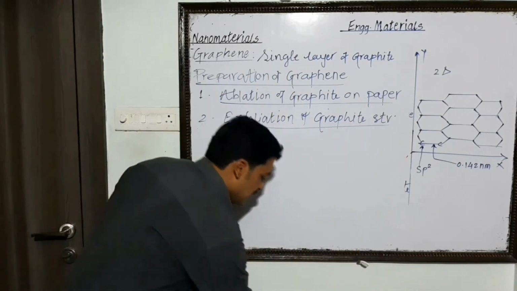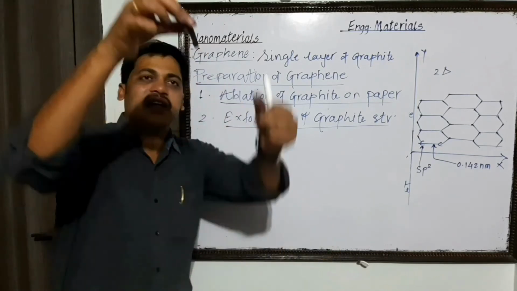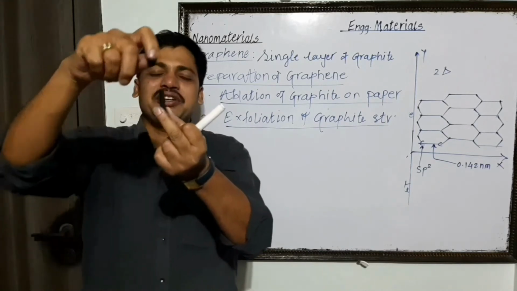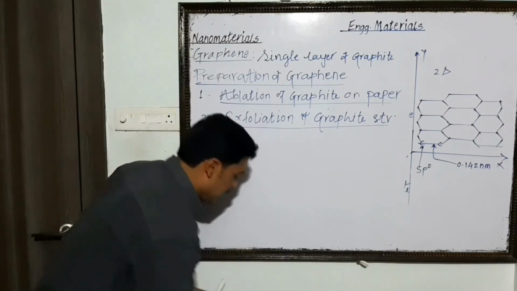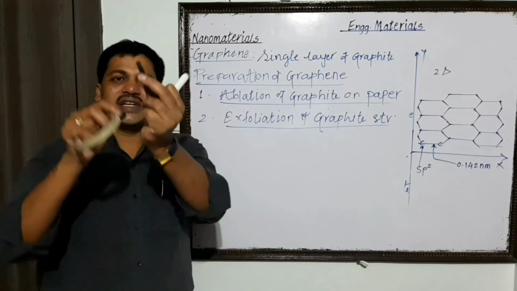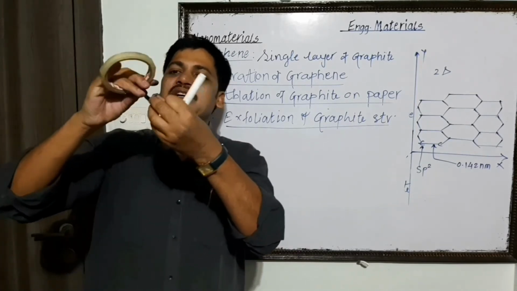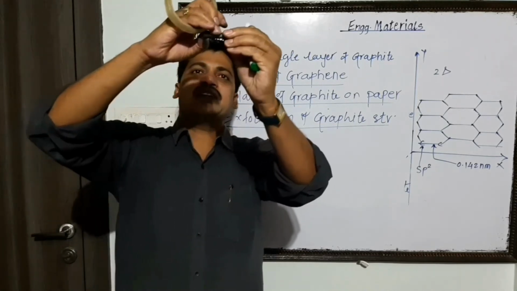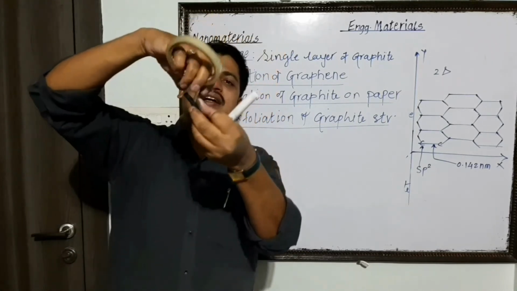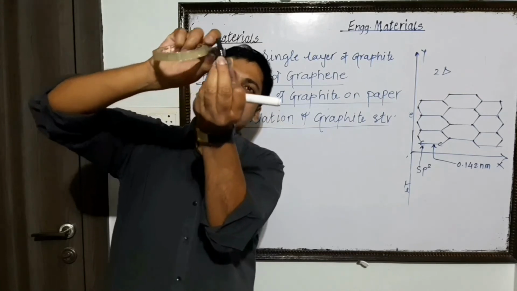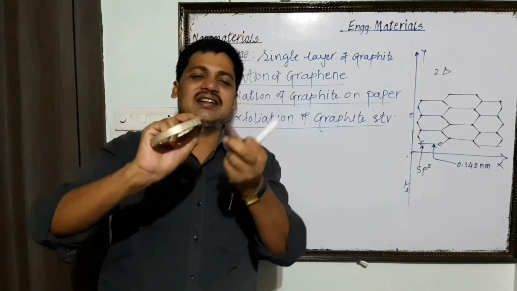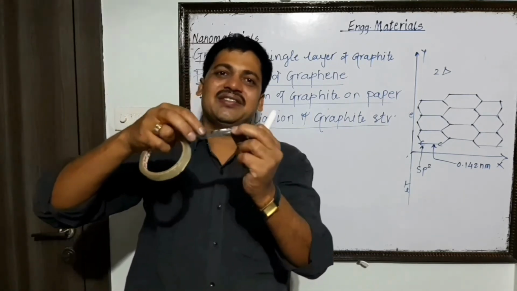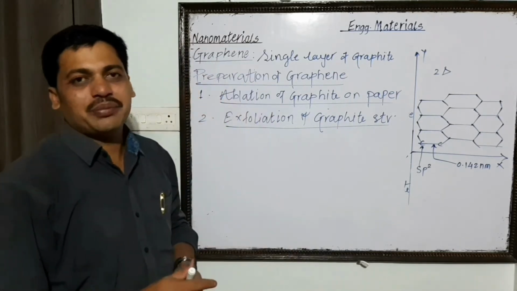If we consider a graphite rod and take an adhesive tape, you just wind the adhesive tape on it, and after winding, if you remove the adhesive tape, you get a single layer of graphite on the adhesive itself. It is the second method of preparation of graphene.